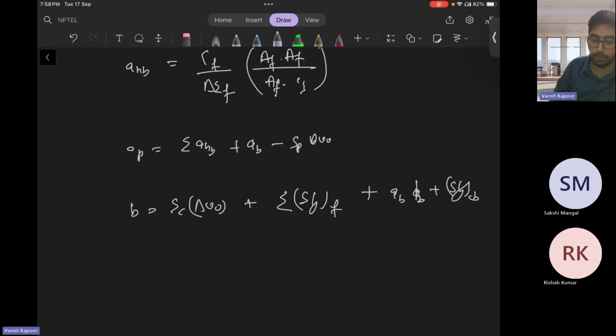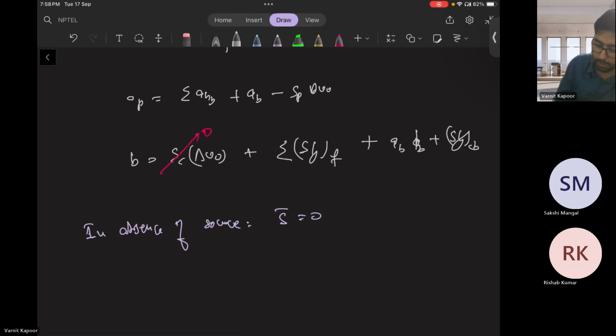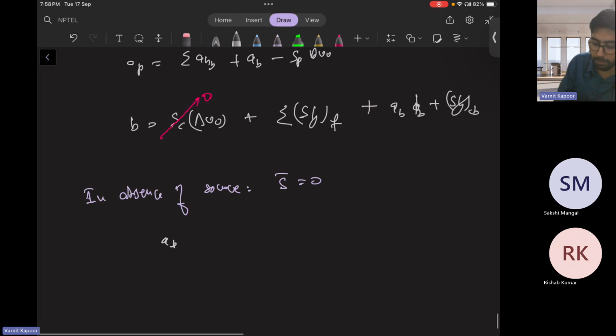So suppose in the absence of source, that means your S will be 0. So that means this AP will be greater than the summation of Anb's. It satisfies the Scarborough inequality, but boundedness is not guaranteed, as phi naught is not assured to be bounded by the cell neighbors.